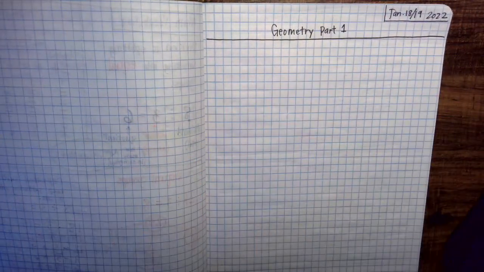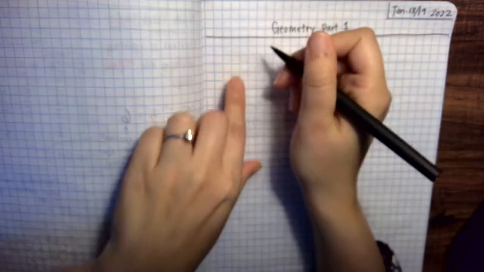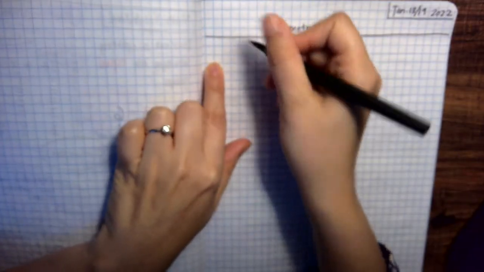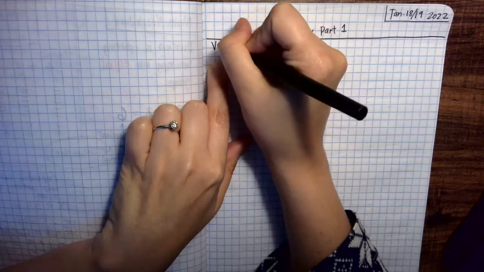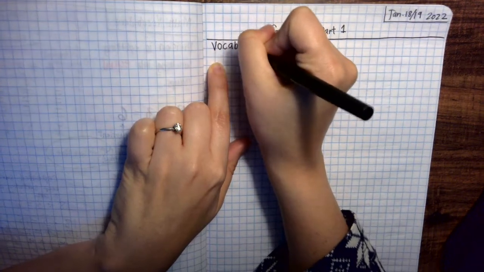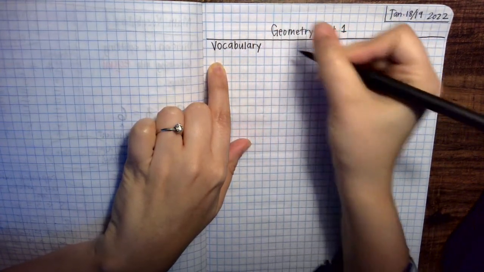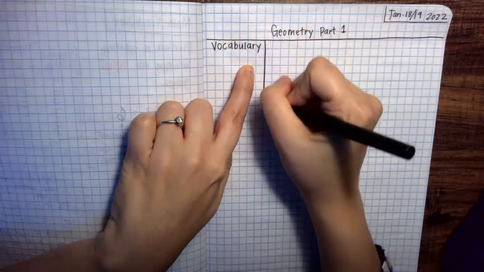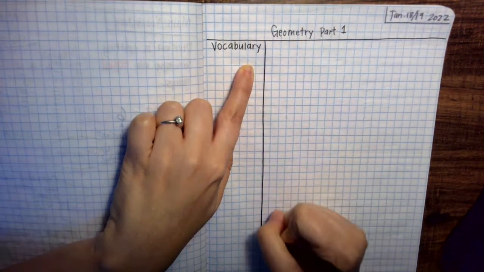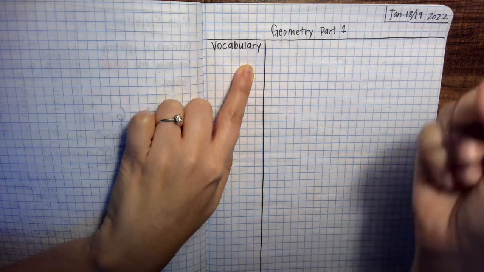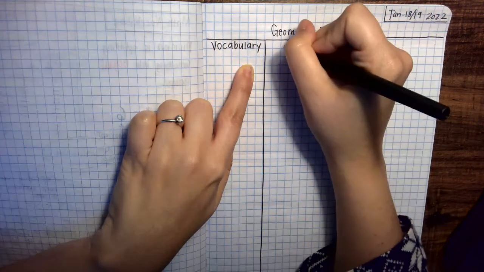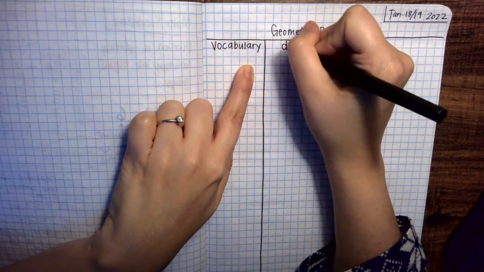So we're going to be putting 3 column notes. The first column will be for our new vocabulary word. The next column will be for the description or definition.